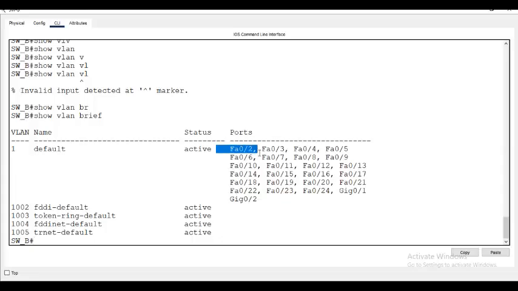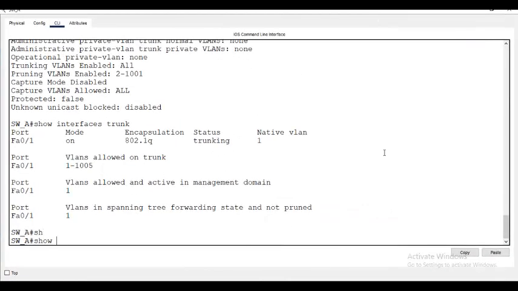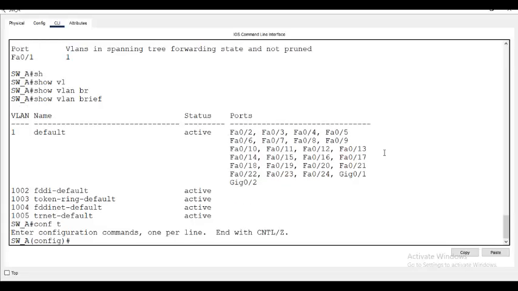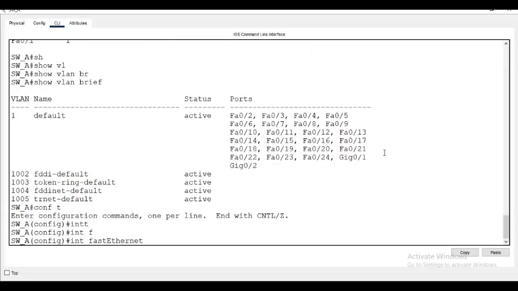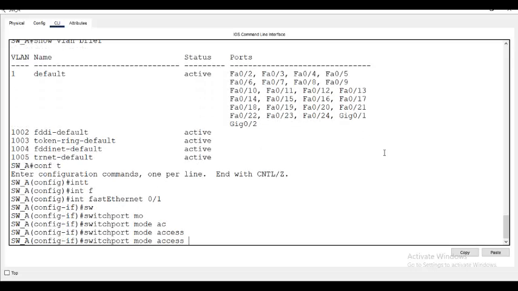But when I go to that F0/1, switchport mode access, I'm saying no need of trunk. I, the administrator, tell you, you be an access. This is what administrative mode is. So what happened immediately? It resets. And now let's go back and see.